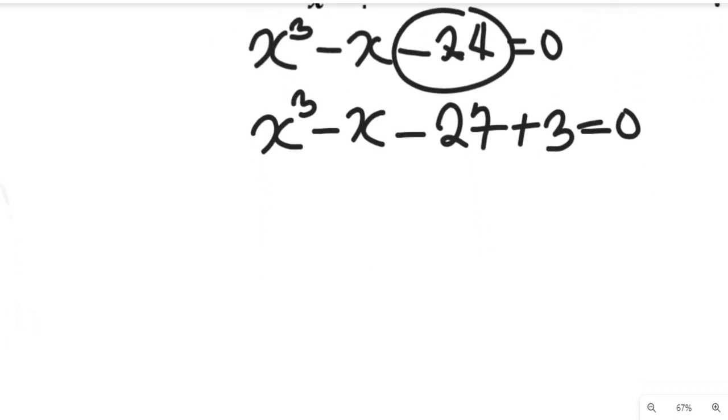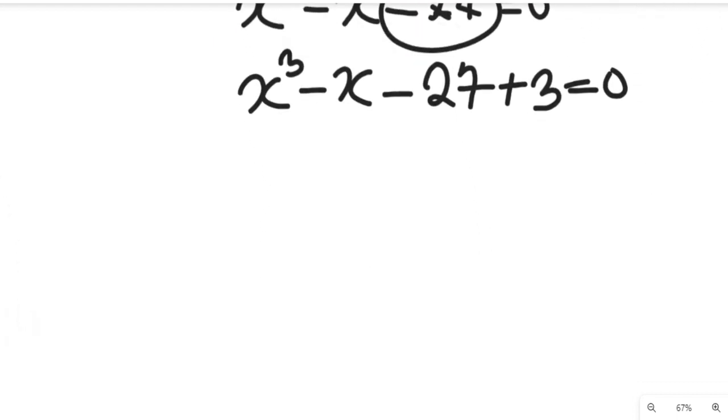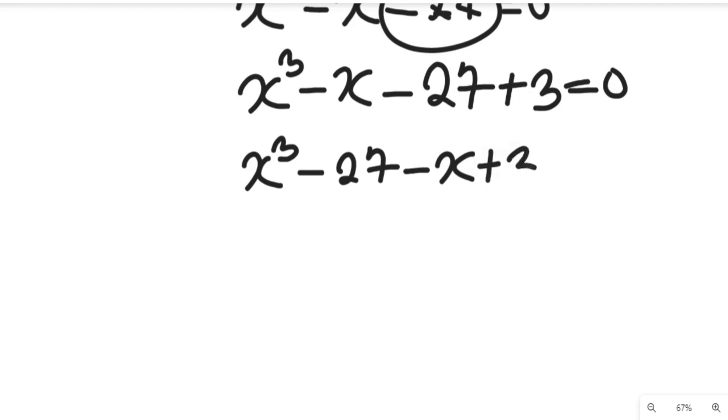Good. So having done that, we are going to simplify that expression. So we'll have x to the power of 3 minus 27 minus x plus 3 equal to 0. Now remember, this is a polynomial equation, and we can solve this equation in several ways, but I want you to understand this way of solving this polynomial equation.